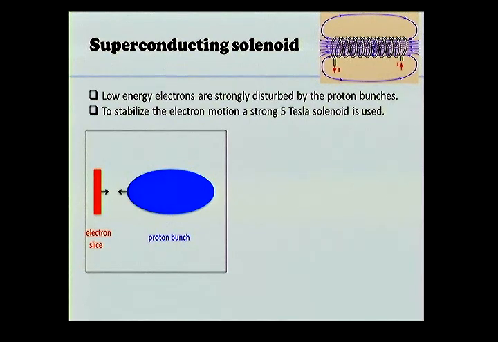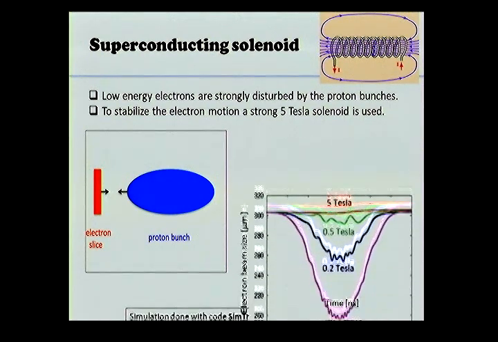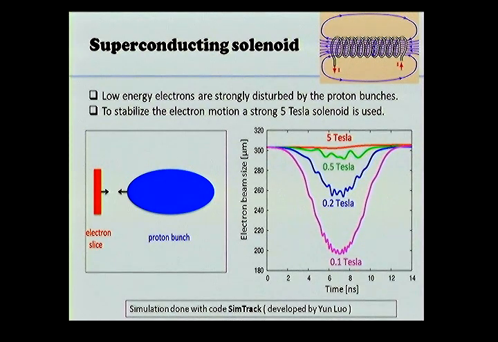For example, at 250 GeV it should stay at 300 microns. Here are the simulation results. The horizontal axis is the time and the vertical axis is the electron beam size. It takes about 14 nanoseconds for the proton bunch to pass by this electron slice.